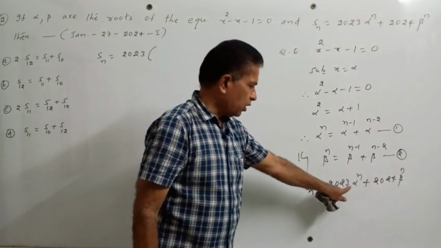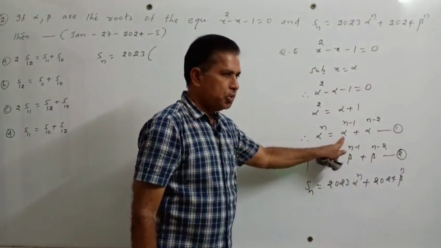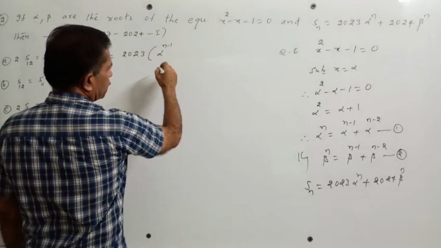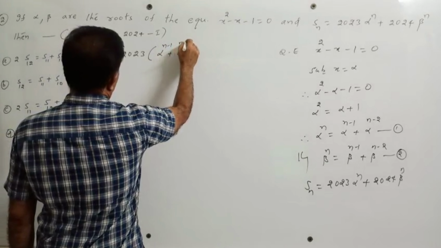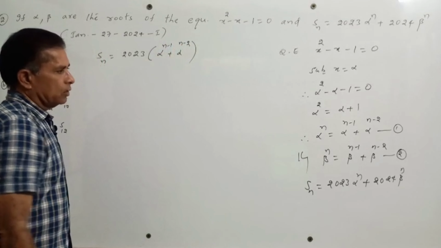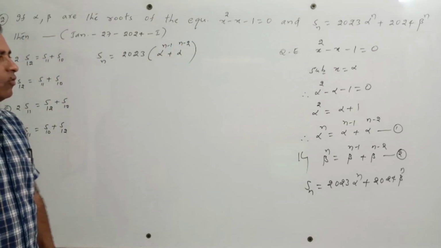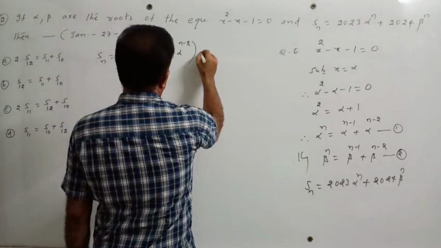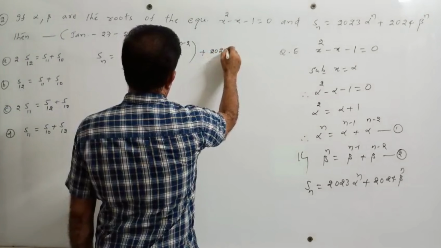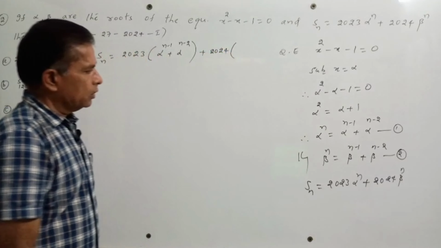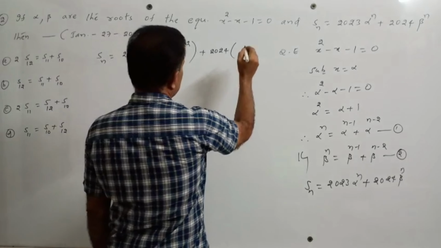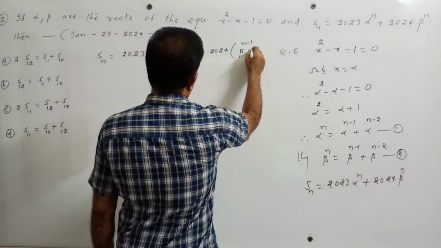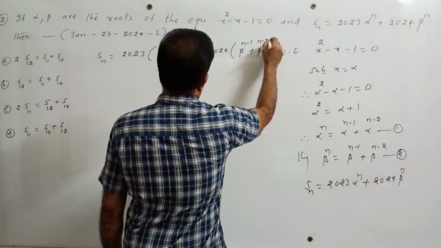So in place of alpha to the power of n, I am substituting the first equation, that is alpha to the power of n minus 1 plus alpha to the power of n minus 2. From the first equation, for alpha to the power of n, I substituted. Similarly, 2024 is written same. From the second equation, beta to the power of n can be written as beta to the power of n minus 1 plus beta to the power of n minus 2.